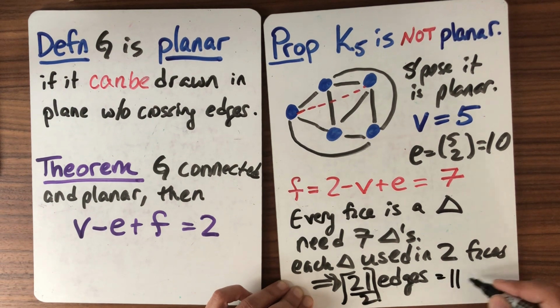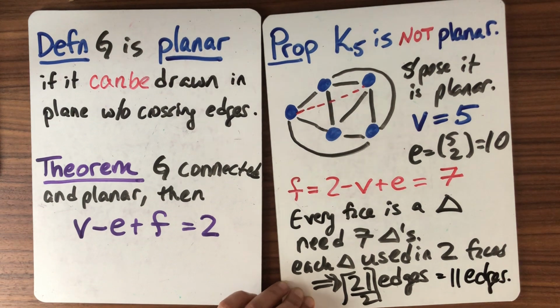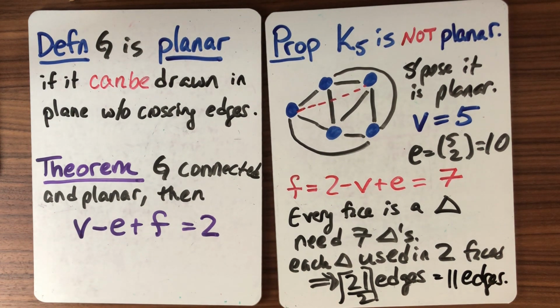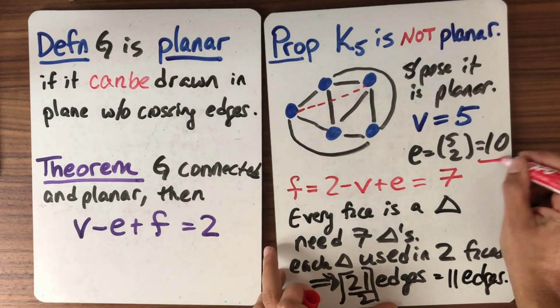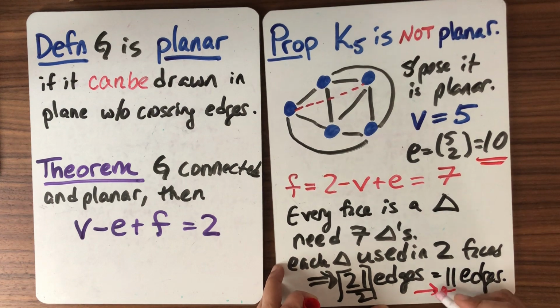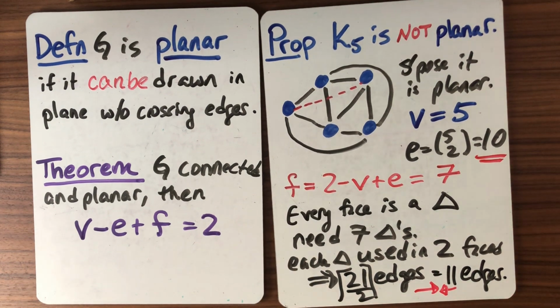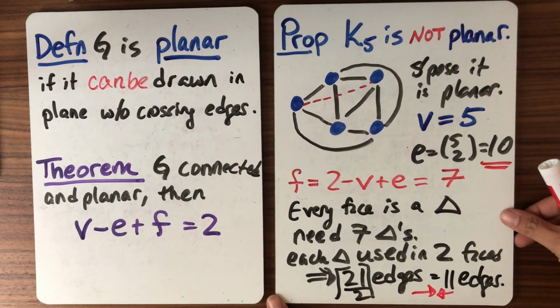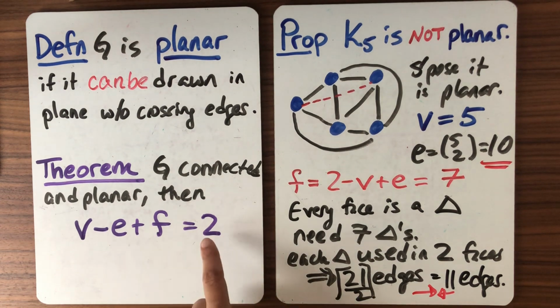This implies that we have 11 edges. But we don't have 11 edges. We have 10 edges. And that is our contradiction. So the complete graph on 5 vertices is not planar because we use Euler's formula, the Euler characteristic, and we get a contradiction.